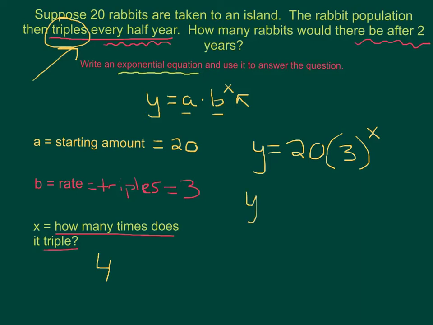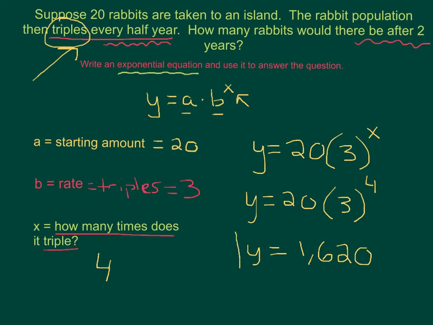So y equals 20 times 3 to the power of 4. Y equals 1,620. So 20 rabbits, if they triple every half year, in 2 years there'll be 1,620 rabbits.